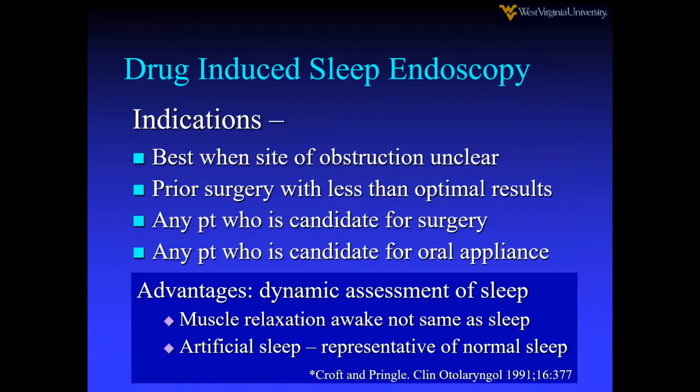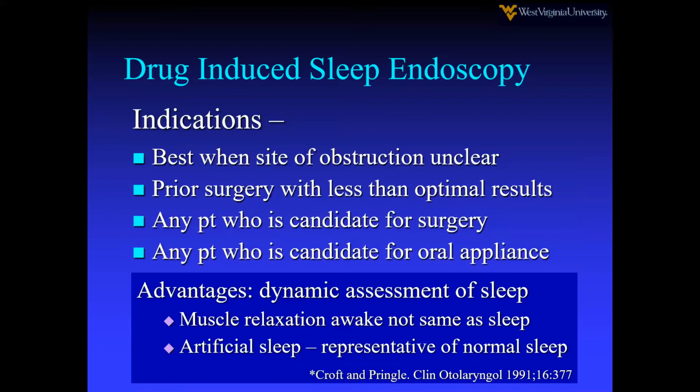So when do we use drug-induced sleep endoscopy? It's best when the site of obstruction is unclear, like that 15-year-old I had this morning, or that first patient I had 12 years ago, or they've had surgery and they're coming in and the results are less than optimal, and you're not quite sure what the next step is. Or you can do it for any patient who's a candidate for surgery, or anyone who's a candidate for an oral appliance.